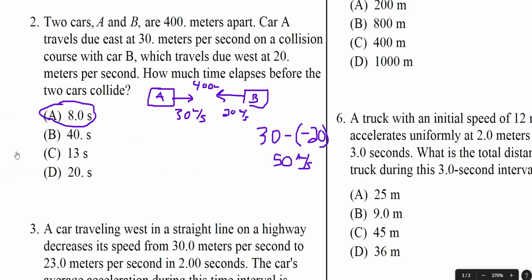So what you can do is say that, okay, they're separated by 400 meters. After 1 second, car A is going to move forward 30 meters and car B is going to move forward 20 meters. And then the new distance between them is now going to be 350. And then I essentially walk it through.